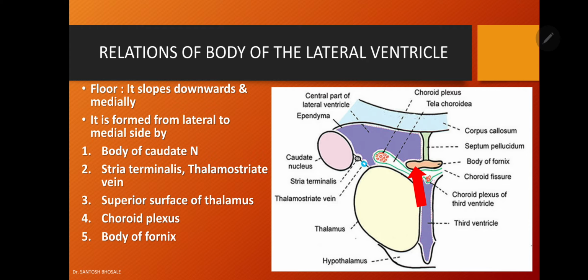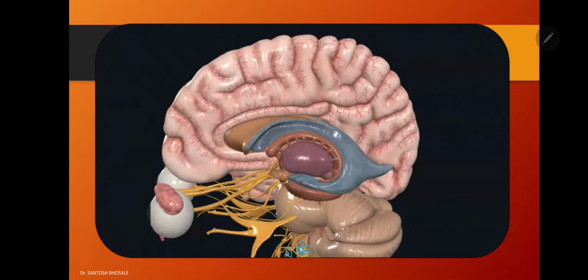So these are the structures forming the floor of the body of the lateral ventricle from lateral to medial side: caudate nucleus, stria terminalis, thalamostriate vein, superior surface of thalamus, choroid plexus, and the body of the fornix. So this floor is sloping, that you can understand here.